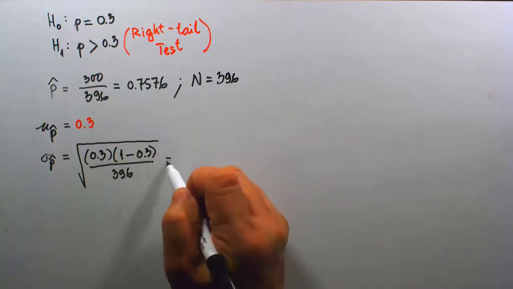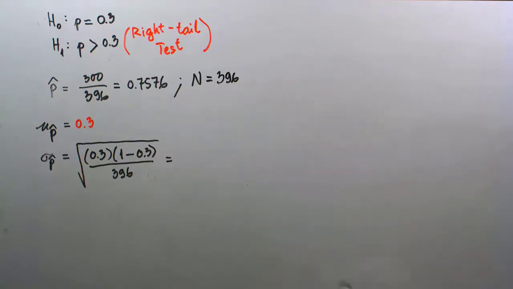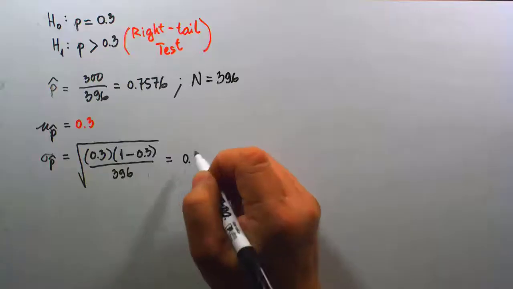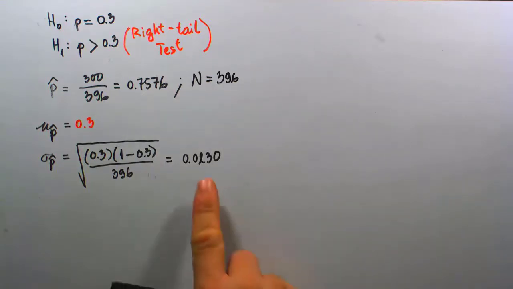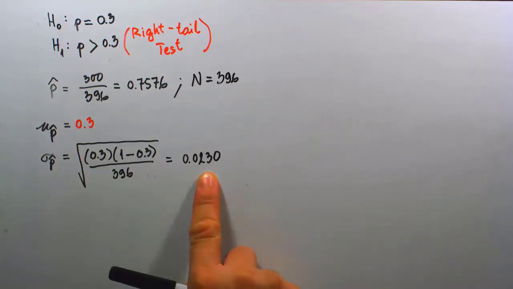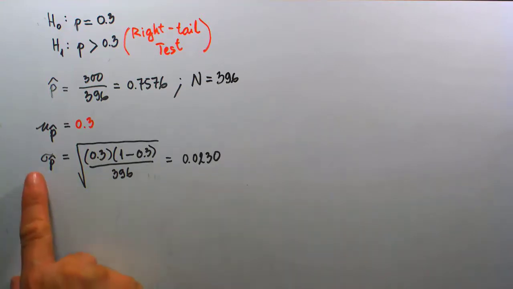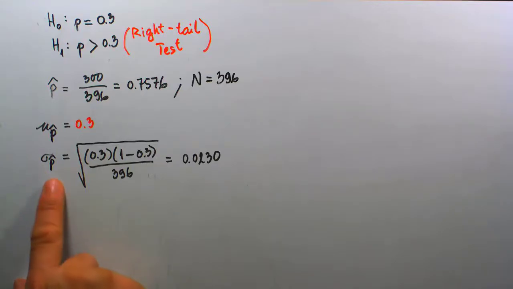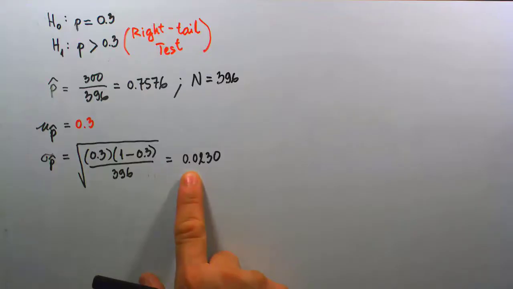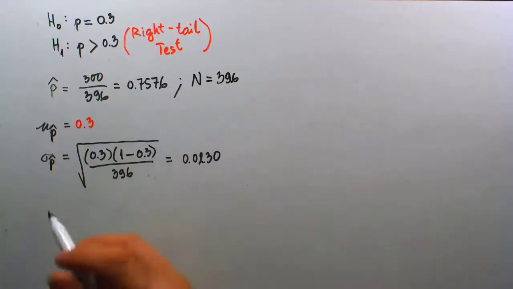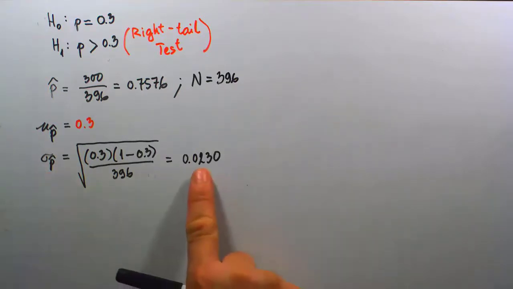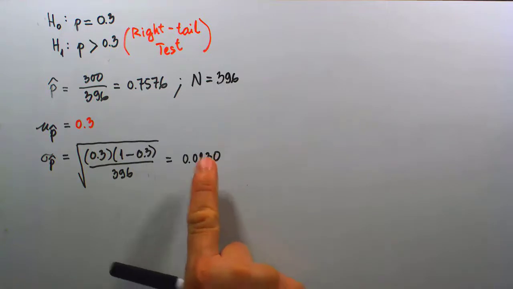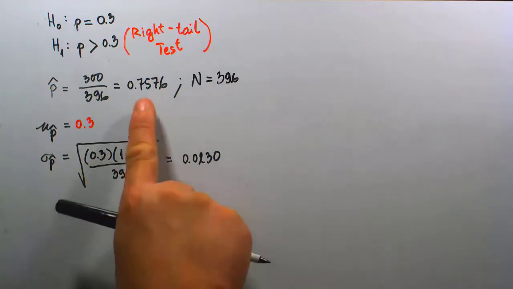The calculation comes out to be 0.0230. Unless specified otherwise, I would normally go with the standard deviation sigma p hat value in 4 decimal places. The role of this sigma p hat is to be the average spreading of all sample proportions, in which our sample proportion is one among them.